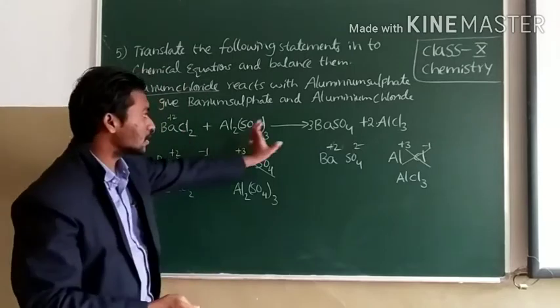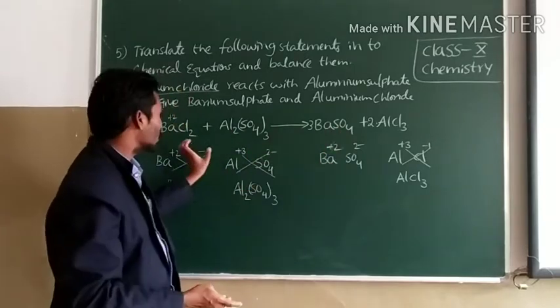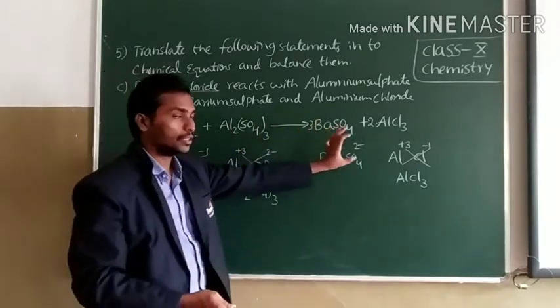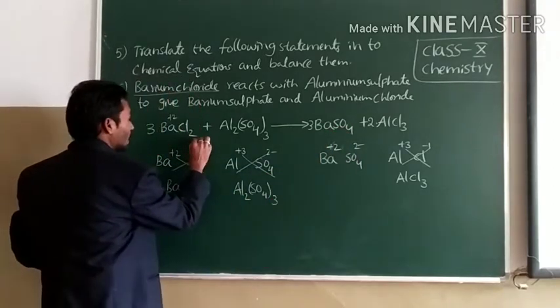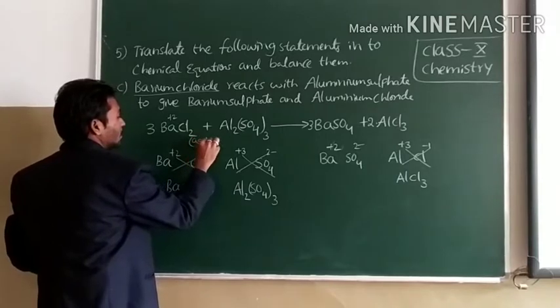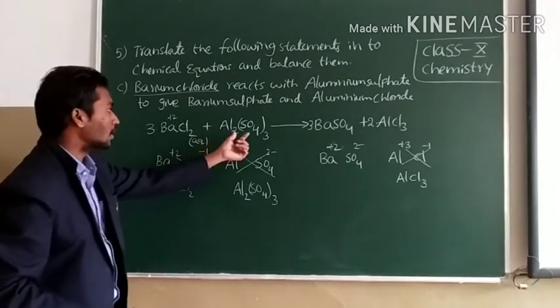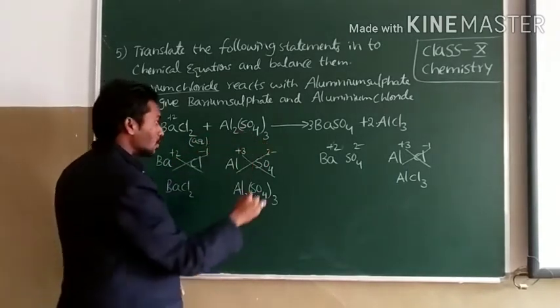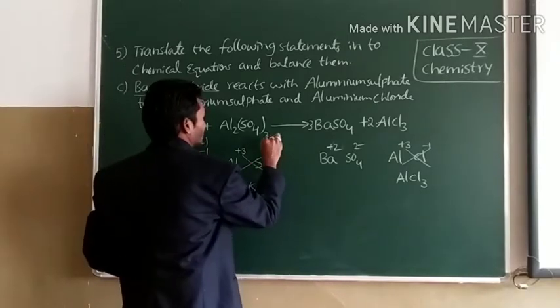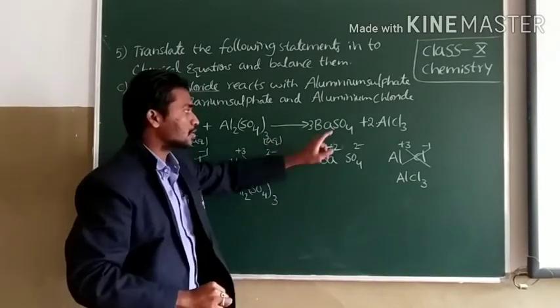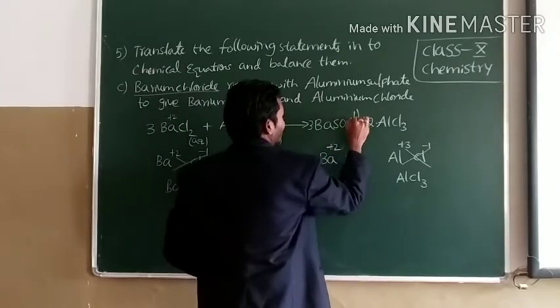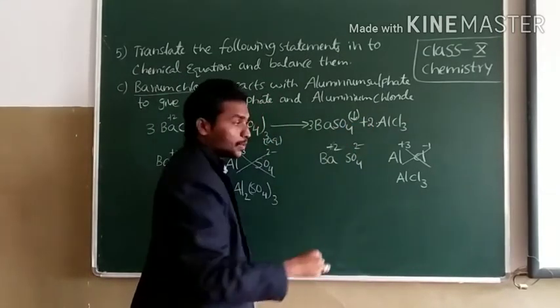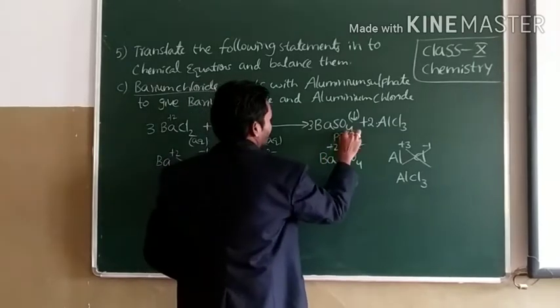After balancing the equation, we should represent the physical states of reactants and products. Here barium chloride is aqueous, so we write Aq. And aluminum sulfate is also aqueous, Aq. It gives rise to BaSO4. BaSO4 is a precipitate, denoted by a downward arrow. Here the downward arrow indicates precipitate, PPT.